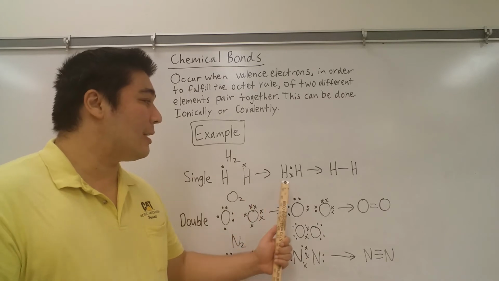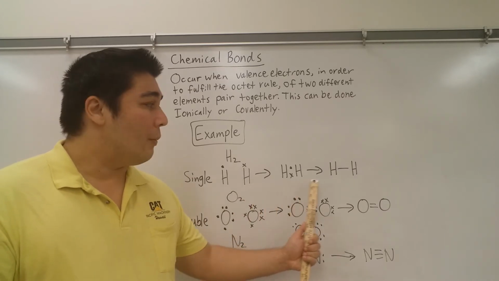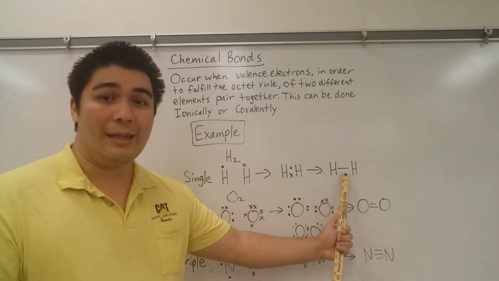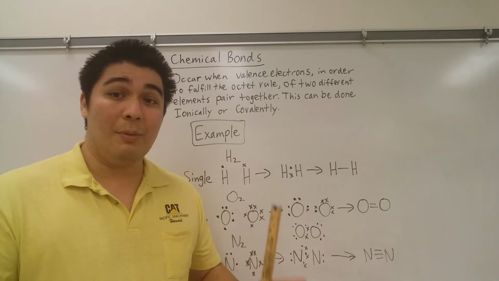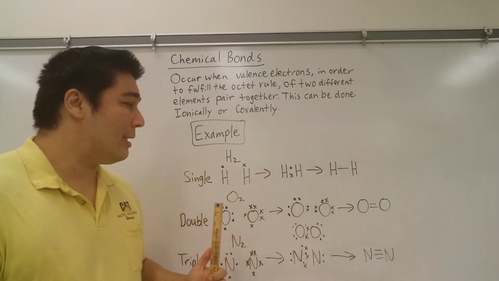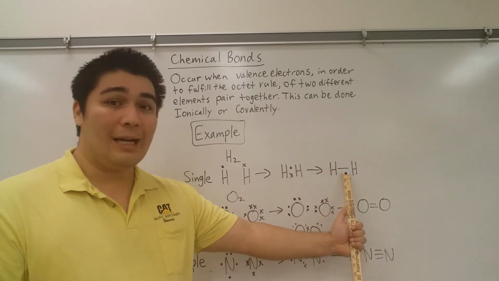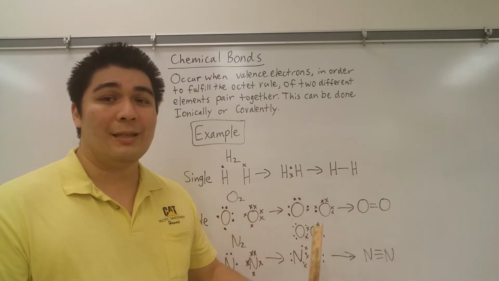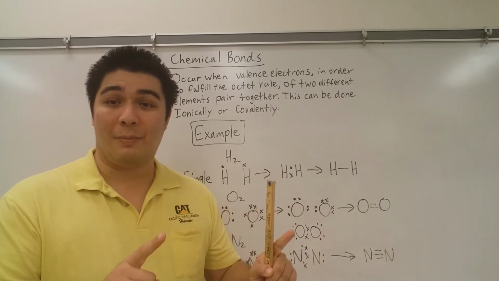So what they did was they devised this called bond notation, where they would draw a line like so, and this line right here denotes a chemical bond. The number of lines is the number of bonds. So in this case, we've got a single bond here and a single line here, which means that is a single bond between two hydrogen atoms.